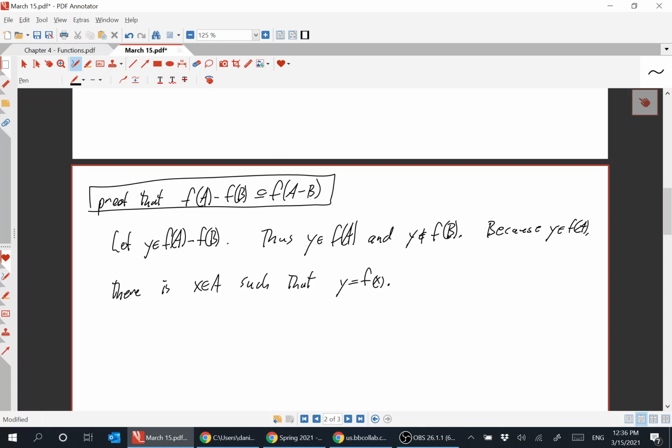Is it possible that x is in B? Could it possibly be the case that x is in B? No. What would happen if it was in B?